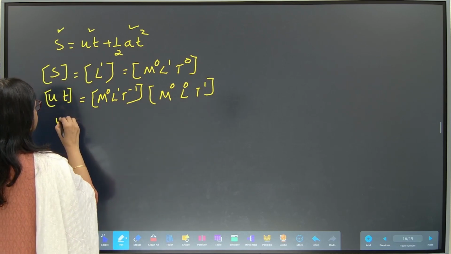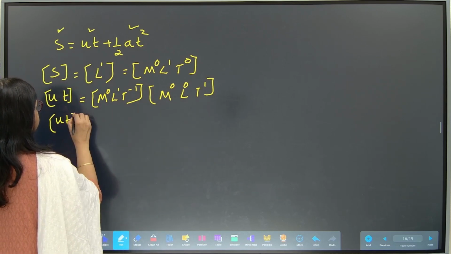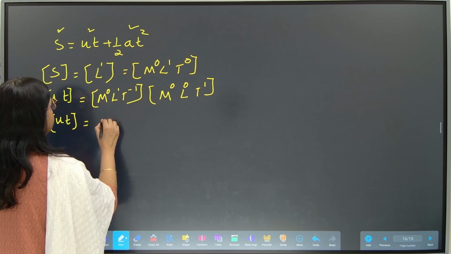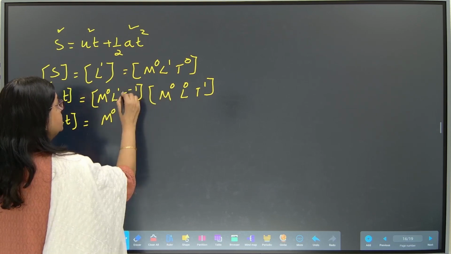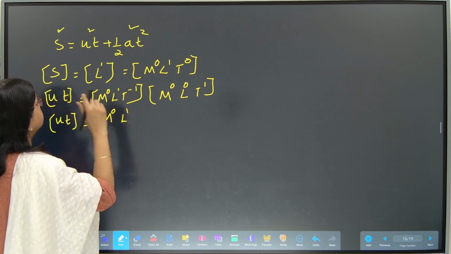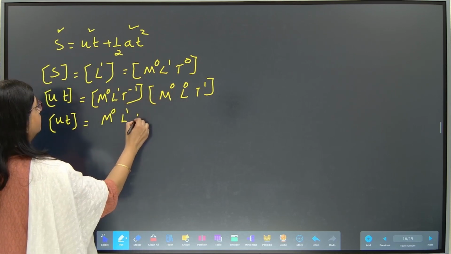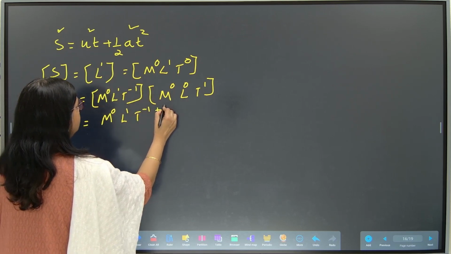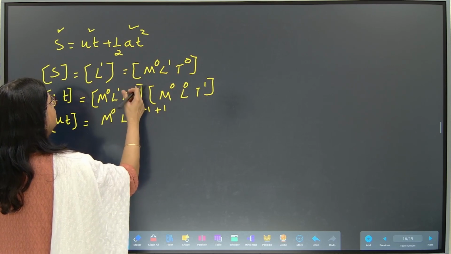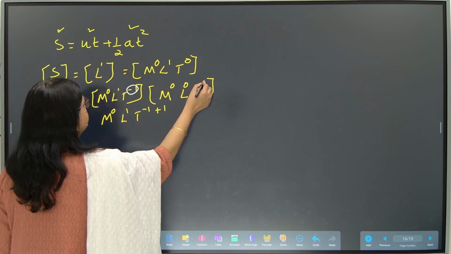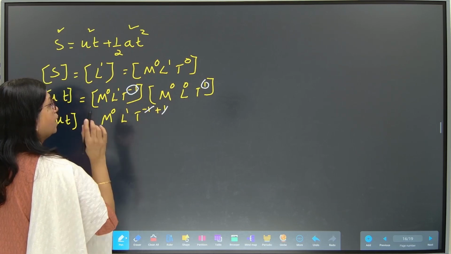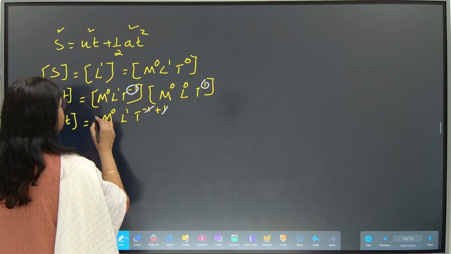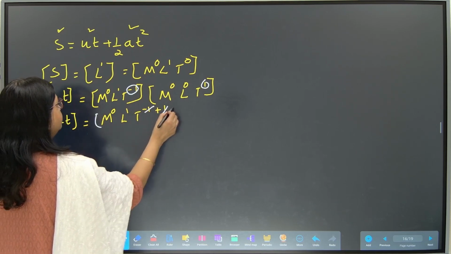Now, what should my answer be here? M0 plus 0, 0. L1 plus 0, 1. T is minus 1 plus 1. Just see very carefully. Here the power is minus 1. Here the power is plus 1. The answer becomes 0. That is the power of T. So finally, what do I have?